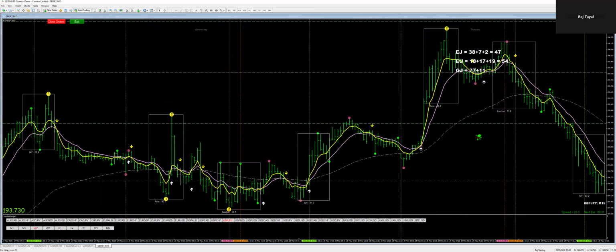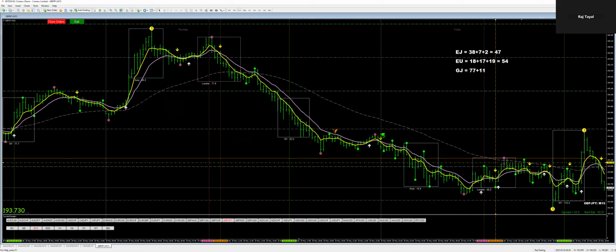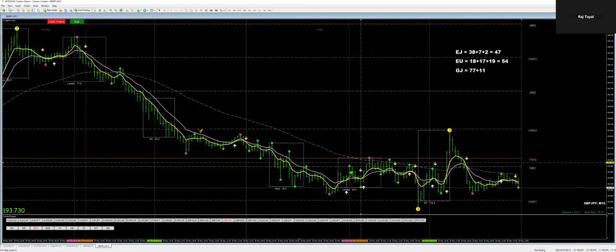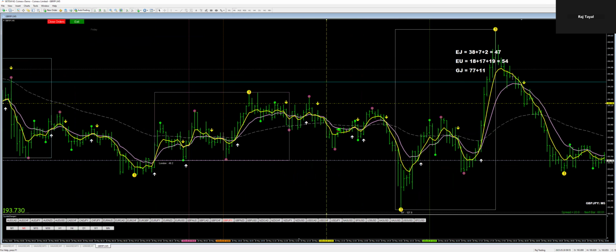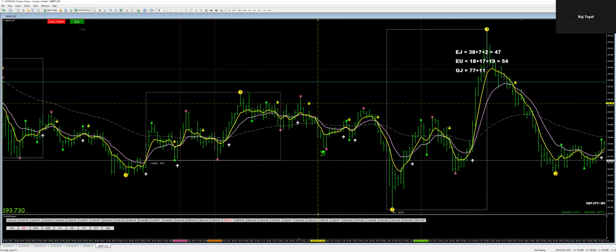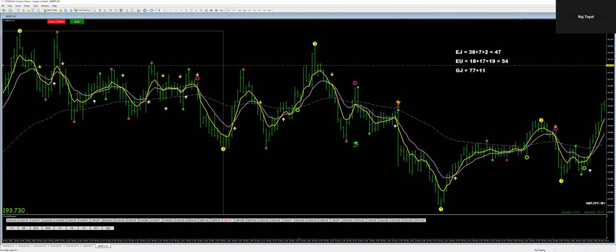So let's look at the 15-minute. And this is a 2-ball retrace. So first chance is over here. 5-minute is over here. 1 minute.